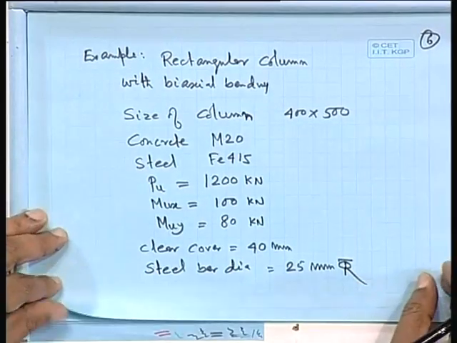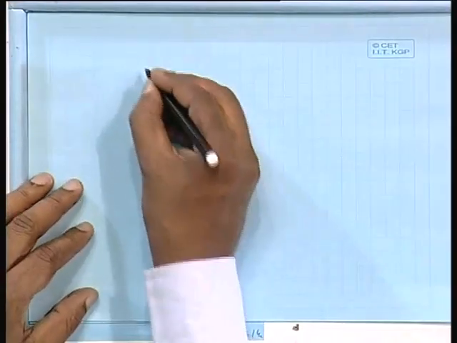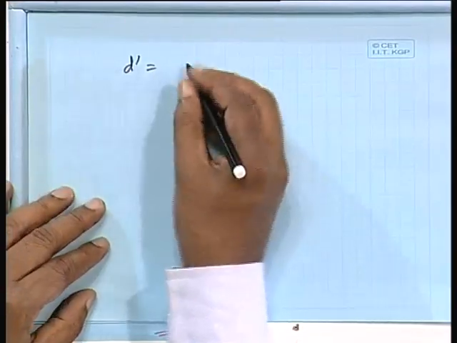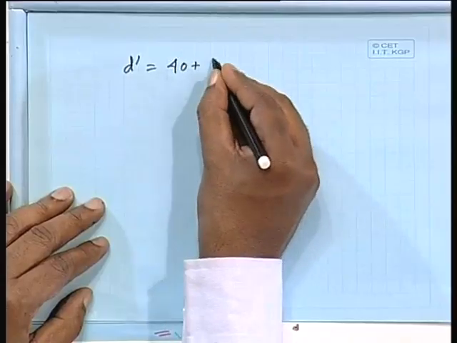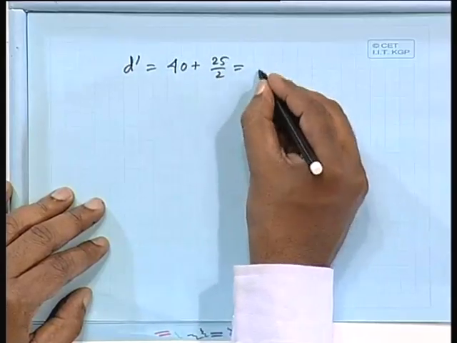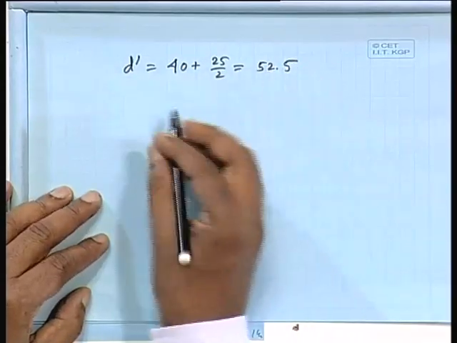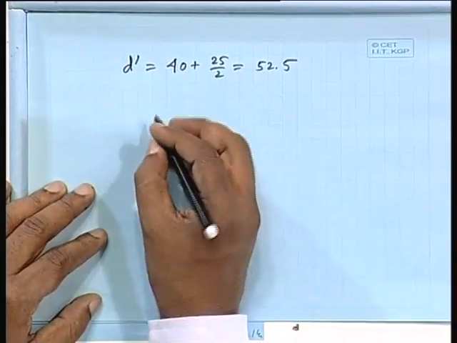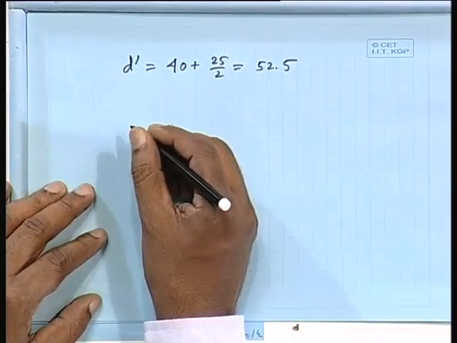So, what we can do here, d dash by d, let us compute. d dash is 40 plus 25 by 2, 52.5, and we have a percentage of steel.